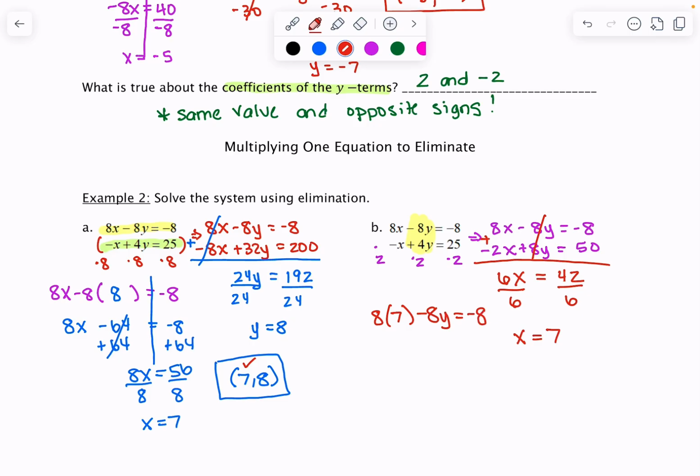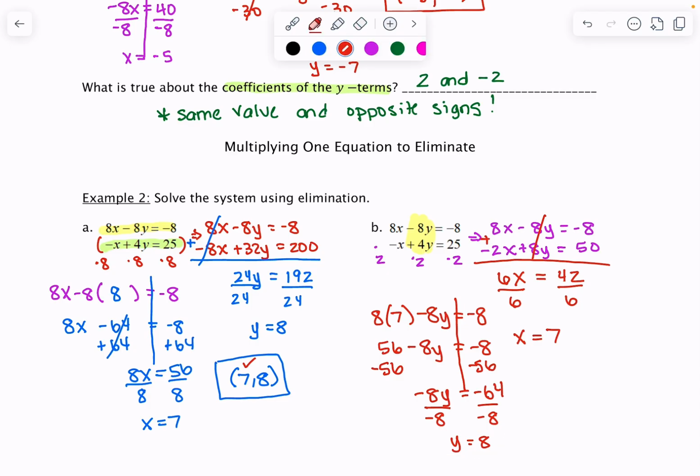And hopefully when I simplify this, I get an 8. So 8 times 7 is 56. I'm going to subtract the 56 on both sides. Negative 8y equals negative 64. Divide both sides by negative 8, and I get y equals 8.